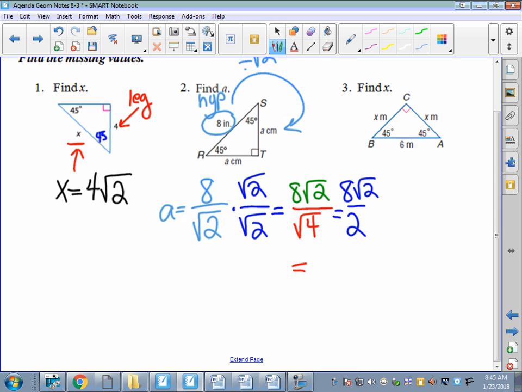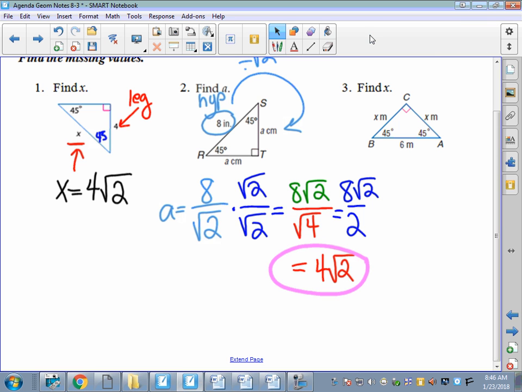What's 8 halves the same as? 4 over 1, or just a 4. And then you just stick that square root of 2. Basically, variable rules apply. So use the same rules as you would if that was an 8x over 2. You'd have 4x for your answer. So there's one example where we go from a leg to a hypotenuse, one example where we go from a hypotenuse to a leg. So hopefully that'll help you out.